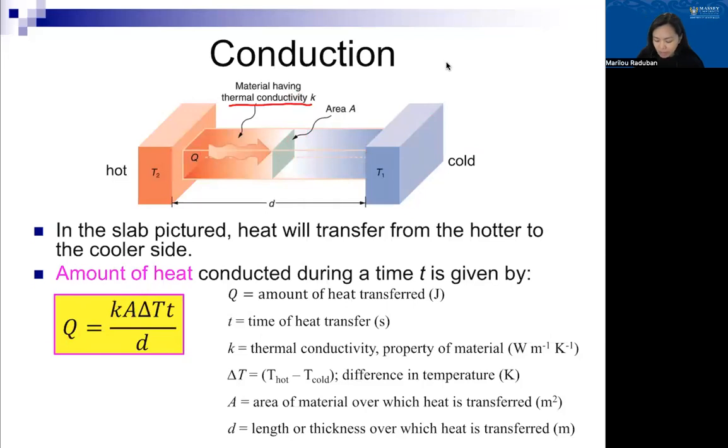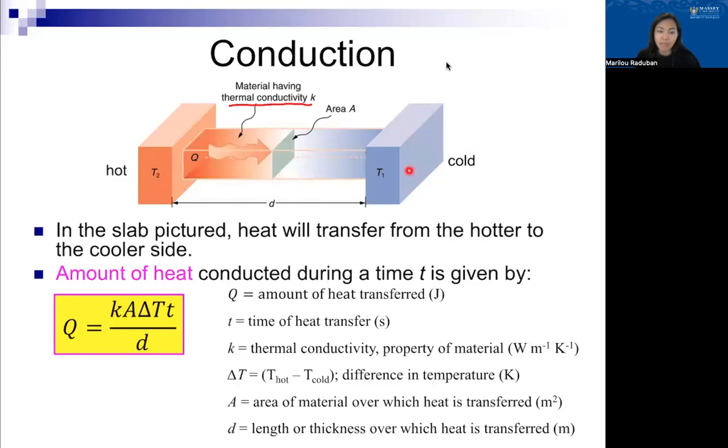Also, the bigger the difference in temperature between the two objects, the bigger the amount of heat that's transferred. If this object is very hot and the other is very cold, you have a big difference in temperature, so heat will easily transfer from hot to cold.